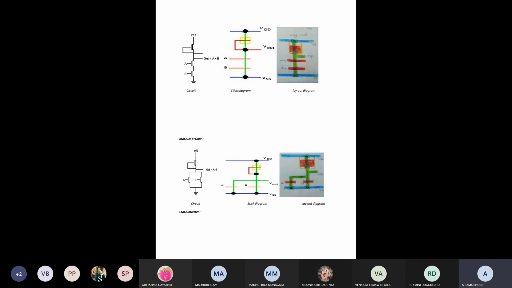In NMOS technology, every time we have to use a pull up device as an NMOS depletion mode transistor.